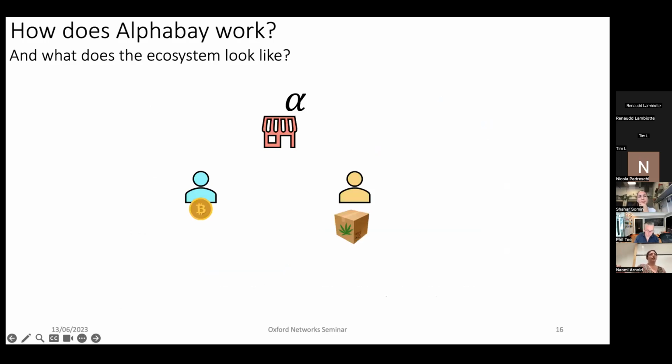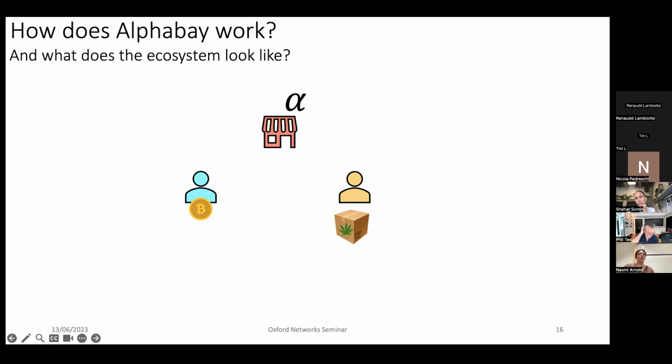So why we might want to look at temporal motifs in AlphaBay and in the ecosystem as a whole. Firstly, we might want to look at how dark web marketplaces like that work. So if you are accessing AlphaBay and buying some goods, AlphaBay acts as an escrow service.